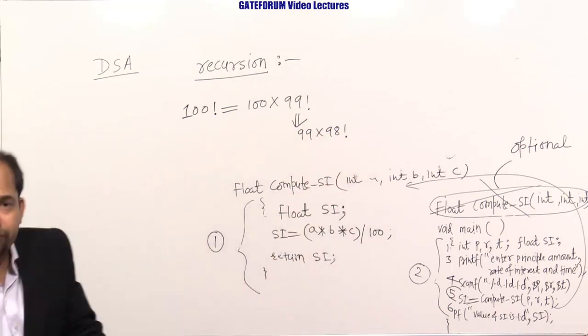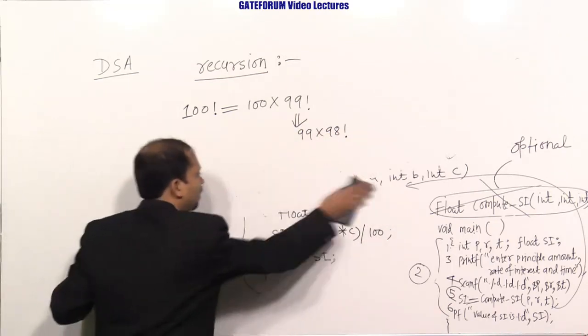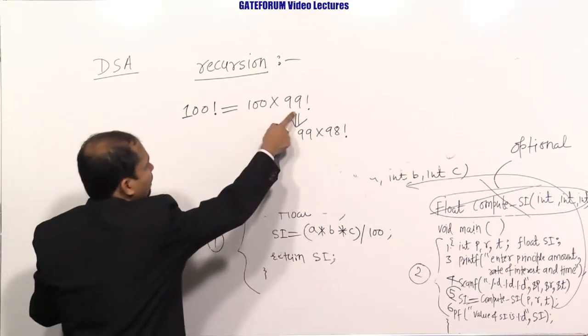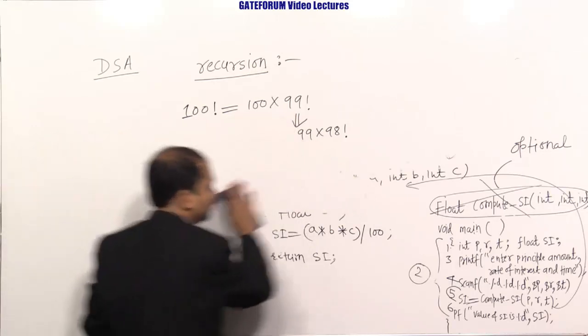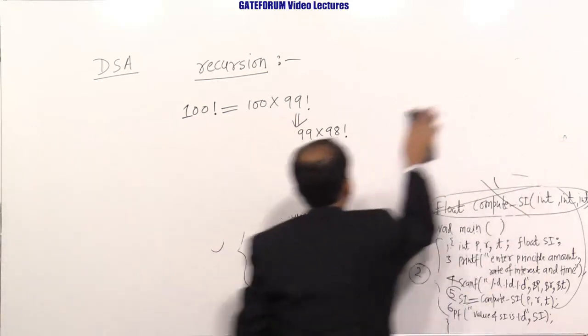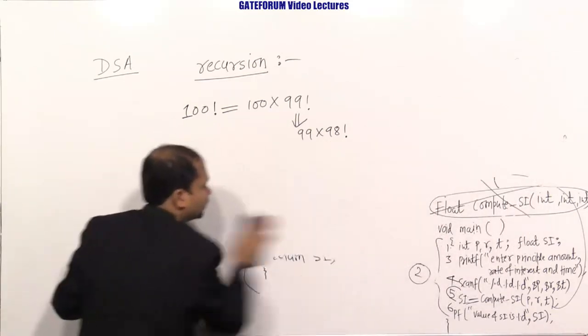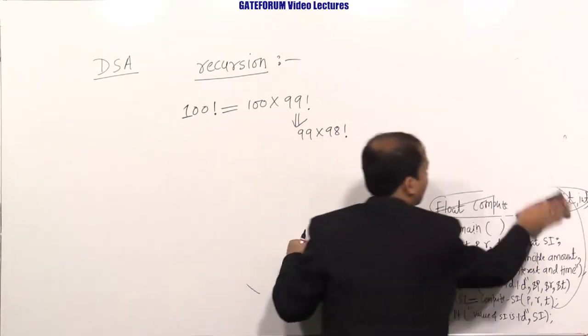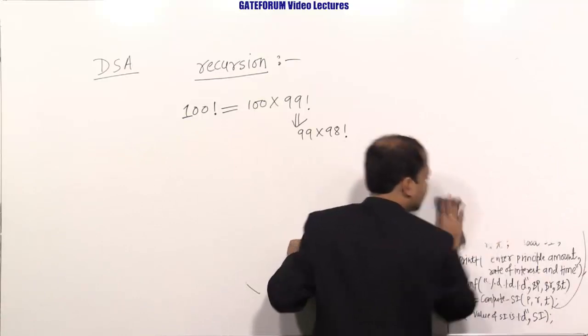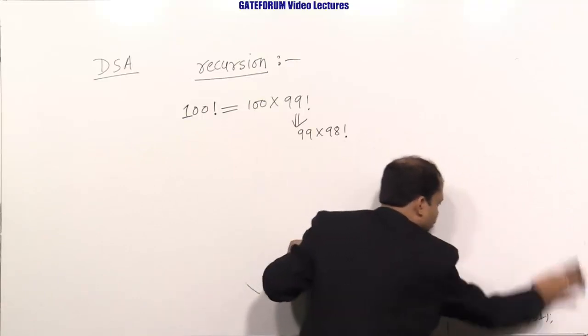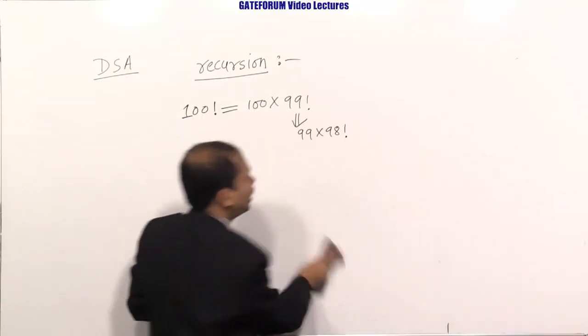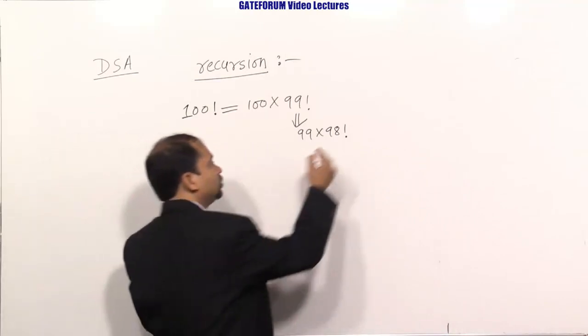This decomposition of the problem is what 100 calling 99 factorial, 99 calling 98 factorial is. This is a decomposition of the problem into smaller problems. So 98 factorial will call 97 factorial, and so on.